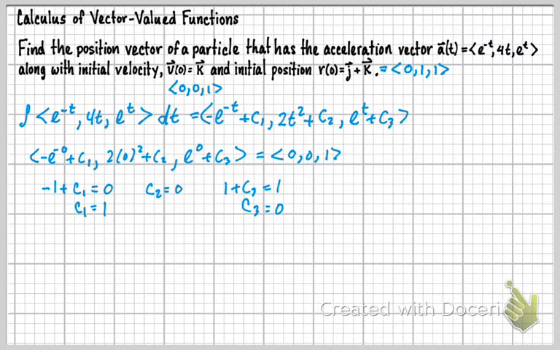So now we have the specific velocity function. With this information, v(t) equals negative e to the negative t plus 1, comma, 2t squared, comma, e to the t.